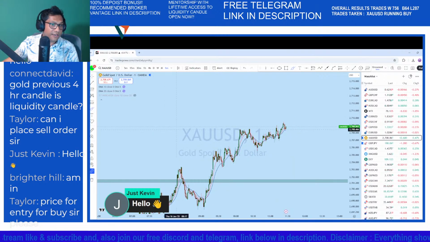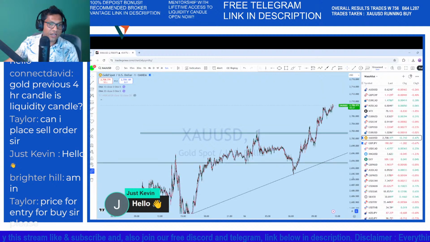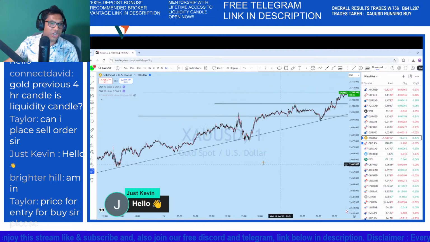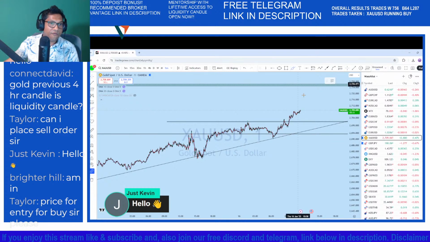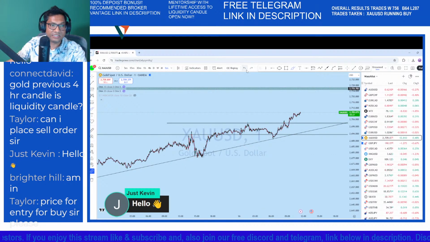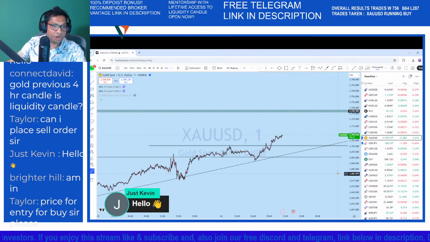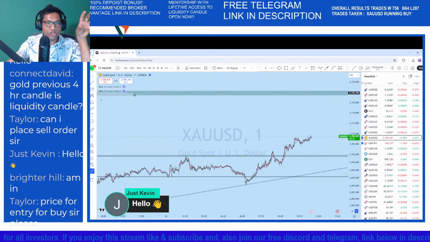If you look here, this is the 1 minute chart, and in it you can see an uptrending market structure forming a series of higher lows. In an uptrending market, we can expect the price to continue to rise.